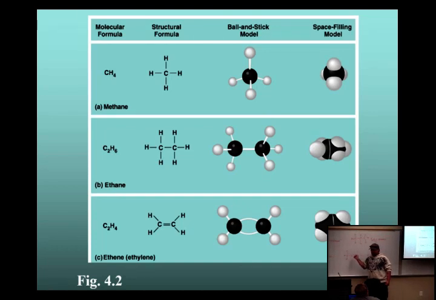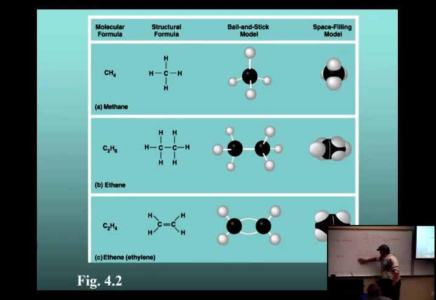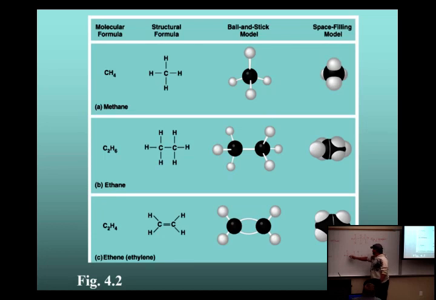Does it have the same shape, if I had it over here? Right, the shape is the most critical thing. Does this molecule have the same shape as this molecule? Everybody understand that it doesn't? So, what's the chemical formula for this?